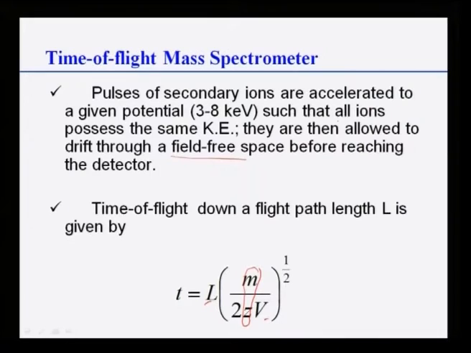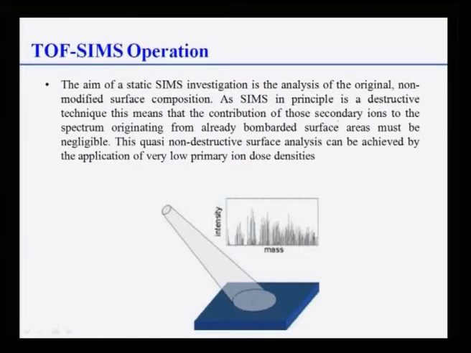I will show you the plots later, and discuss this in detail when I come to SIMS. To give you some idea, static SIMS experiments analyze the original non-modified surface composition, use time of flight measurements, and are quasi non-destructive surface analysis because they use very low ion dose.